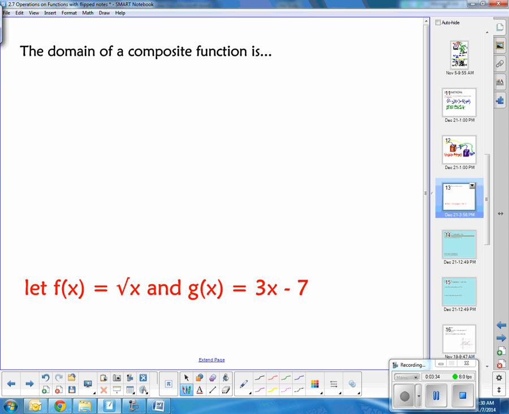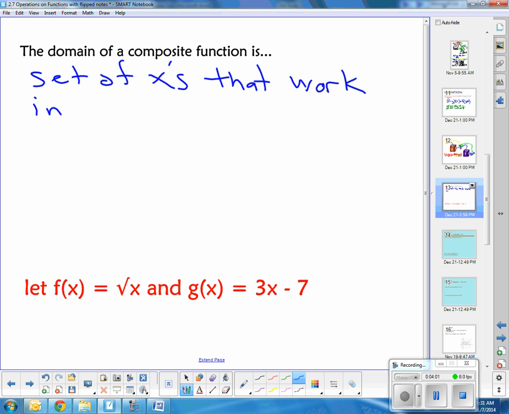We want to be able to find the domains of these composite functions, and this can be quite difficult. So I'm going to write it down, and I'm going to illustrate what it means. The domain of a composite function is the set of x's, our inputs, that work in our first function.